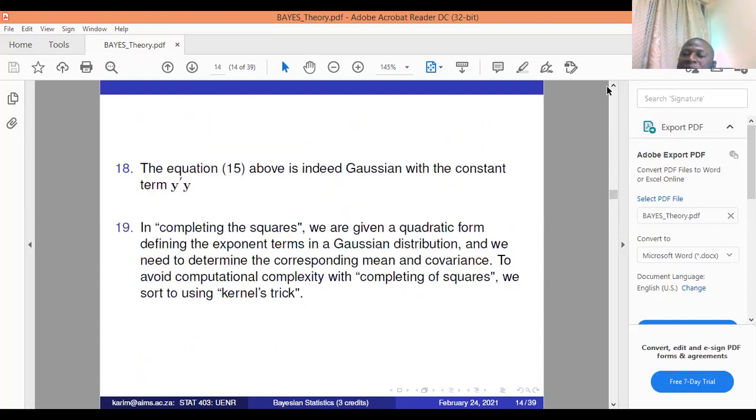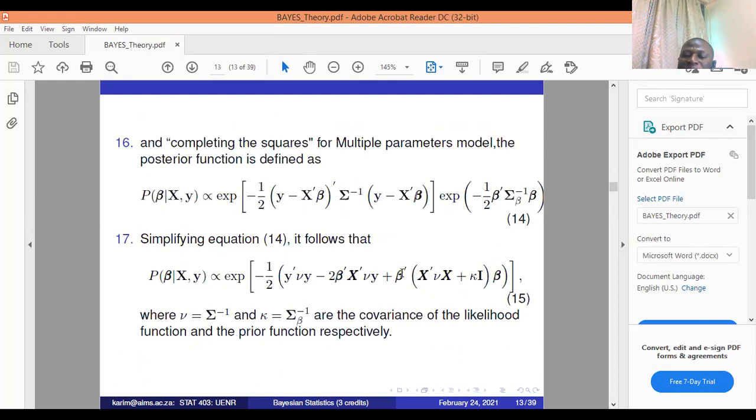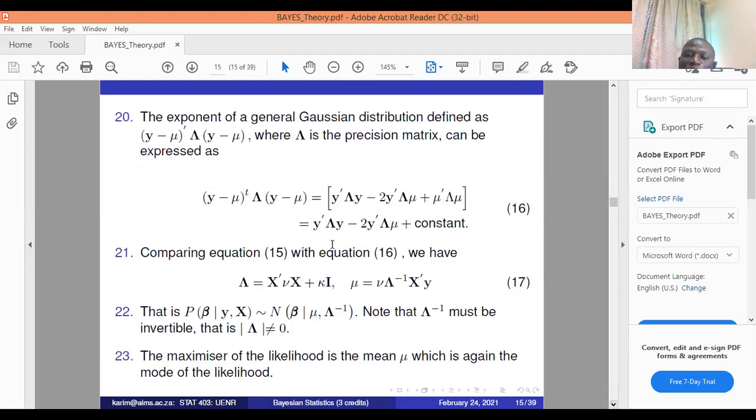You can see this is similar to what we have here. Beta prime, y. So here we have beta prime over there, and there is something in the middle. Y prime and then y, or y transpose y. But there is something in the middle.